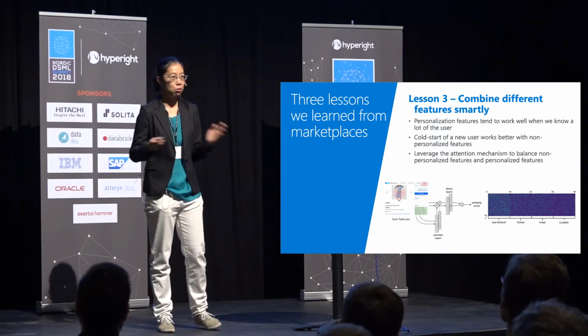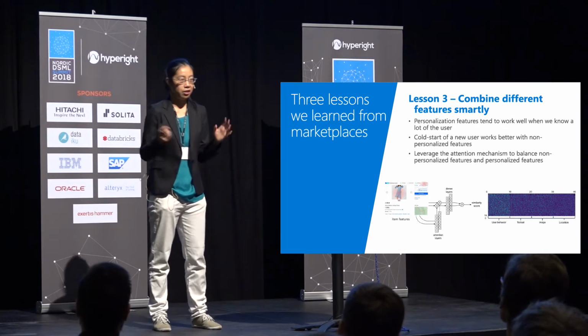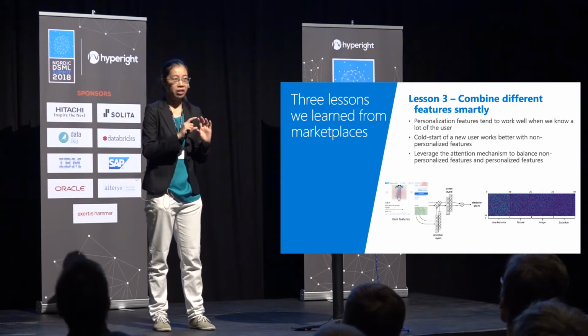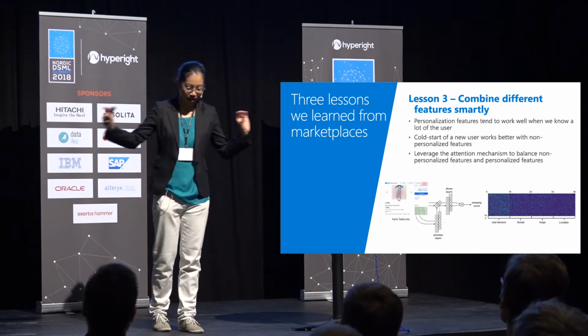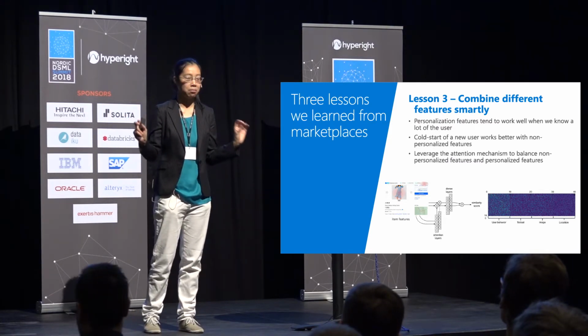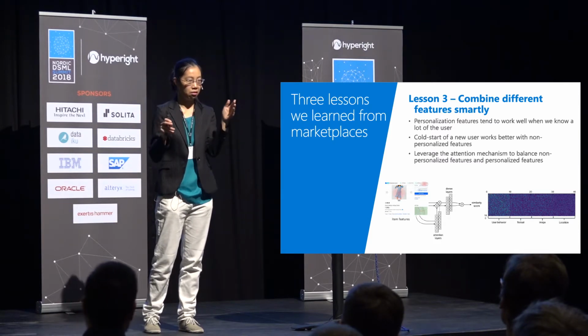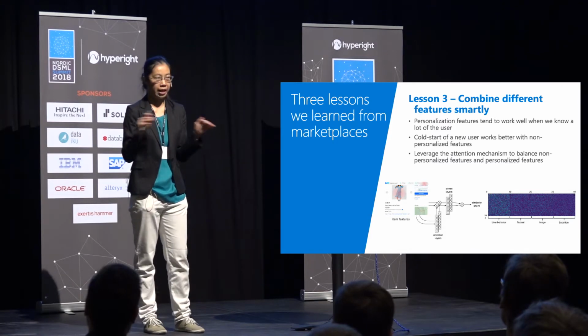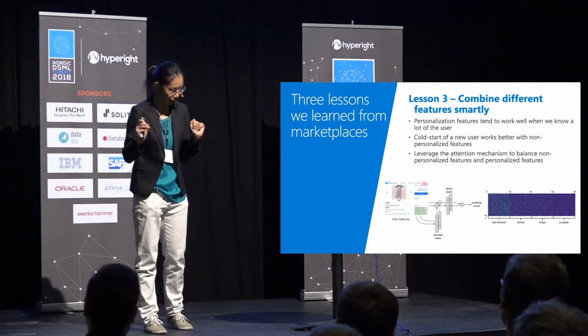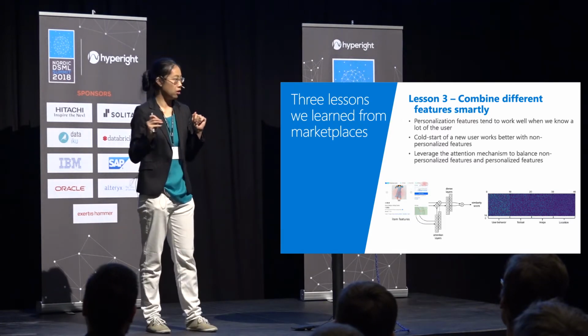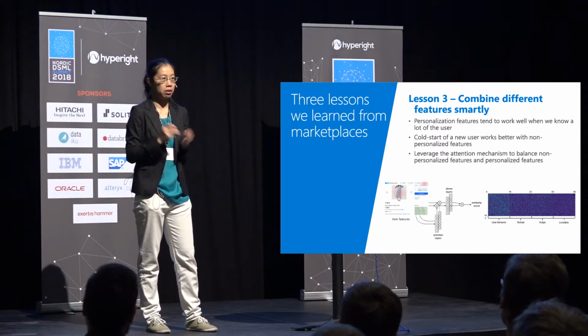So for the ones who haven't heard about it, attention mechanism, as its name says, is that when you get, let's say, a long feature vector, many dimensions, you don't always look into the same place for every different case. For example, this is a difficult one. Let's take the example of marketplace ads.